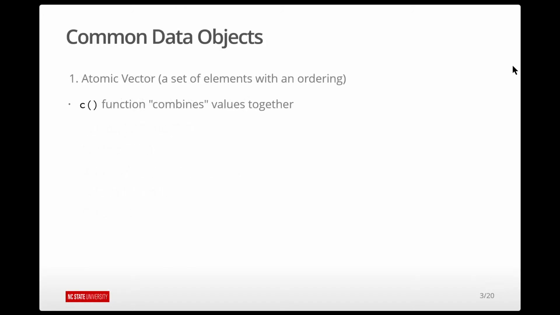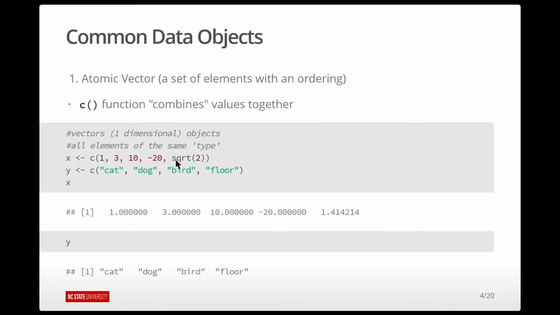All right, so let's start with the most basic one, the atomic vector. A vector is just going to be a set of elements that have some kind of ordering to it. So there's a first element, a second element, a third element, and so on. This is going to be one-dimensional, and the way to create a vector generally is just to use the c function, which says combine these 2 values, or these 3 values, or these 4 values, together.